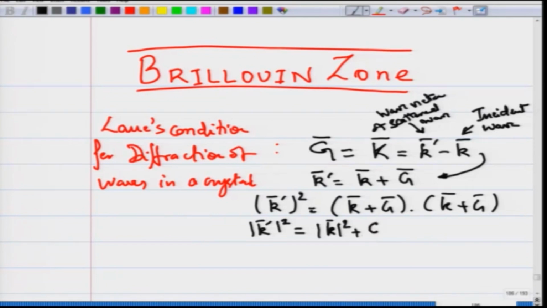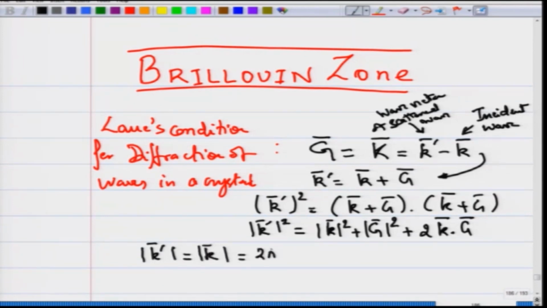This gives k squared plus 2 k dot G plus G squared, but the magnitude of k prime is equal to the magnitude of k, which is equal to 2 pi by lambda, because we are looking at elastic scattering of waves.